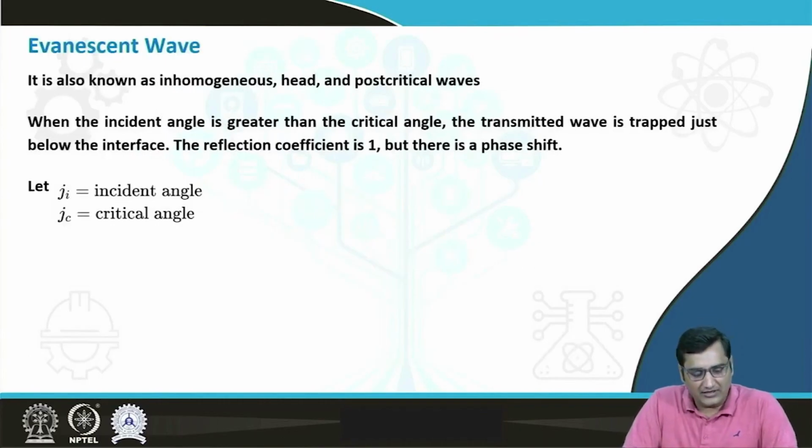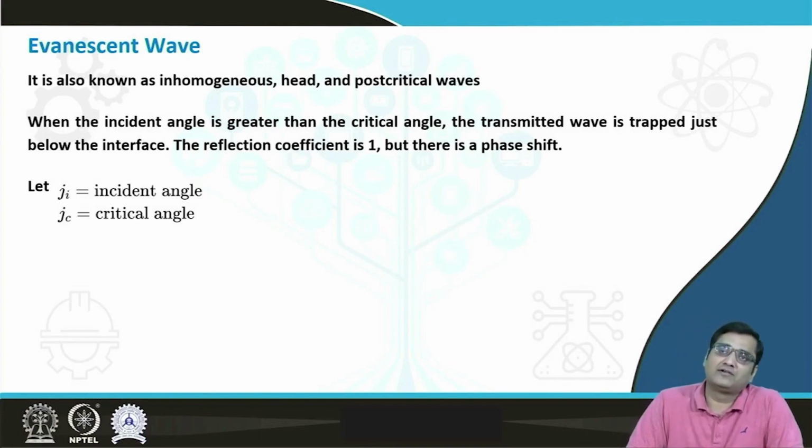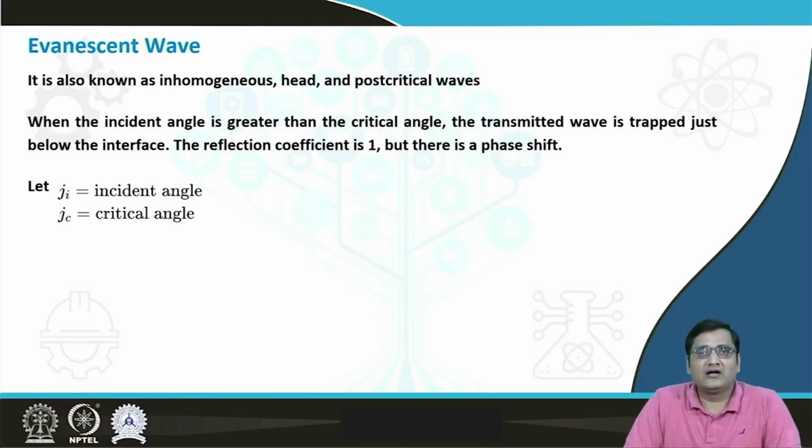Then let's start with the evanescent wave. This is also known as the inhomogeneous wave or the head wave, and sometimes it is also referred to as the post-critical wave. It generally evolves at an incident angle greater than the critical angle, and when the incident angle is greater than the critical angle, the transmitted wave is trapped just below the interface.